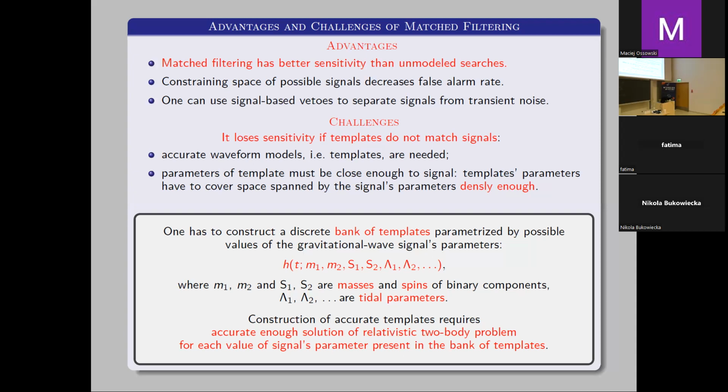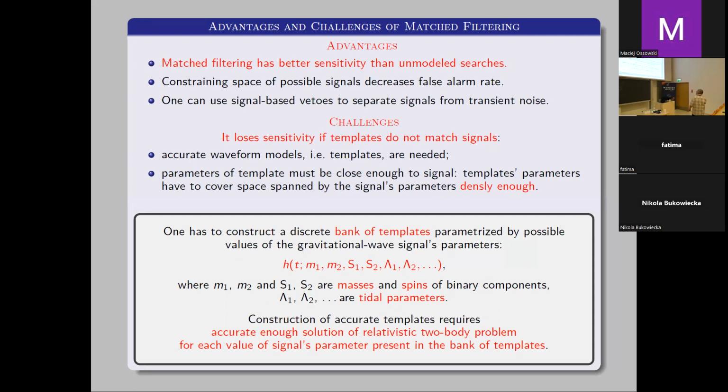If you restrict the possible waveforms to some specific classes parameterized by few parameters, then the situation is better. And also the last advantage is very important, namely, you can use signal-based vetoes to separate signals from transient noise. This is a very crucial thing because, because of this, you can eliminate many false signals. I will talk a bit more about this in a moment.